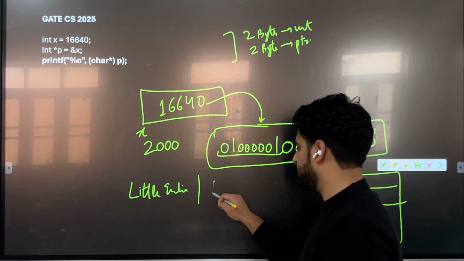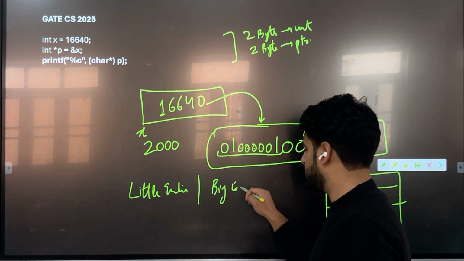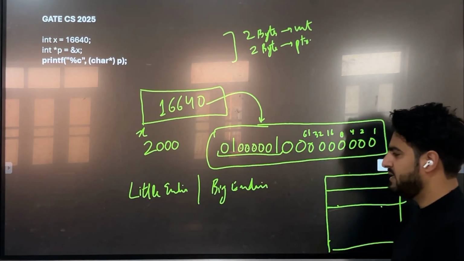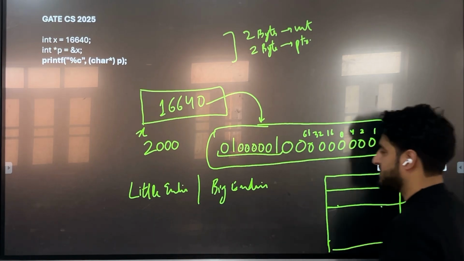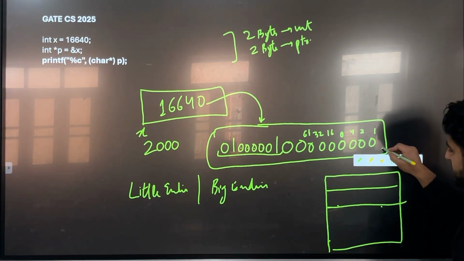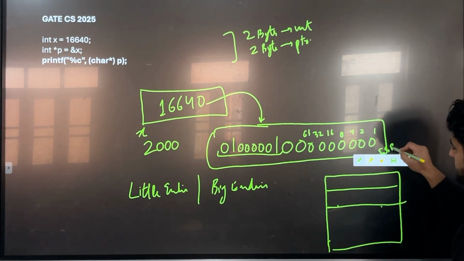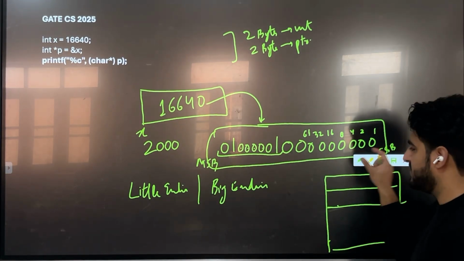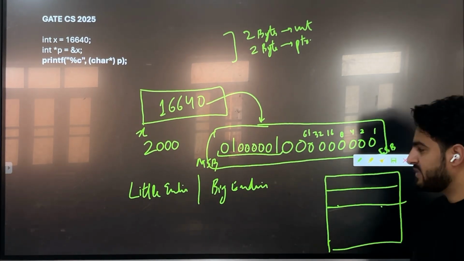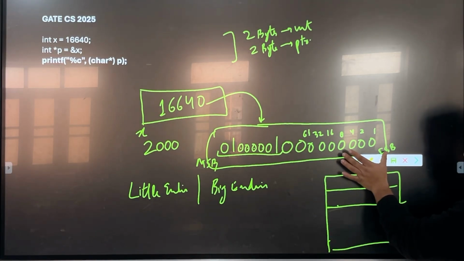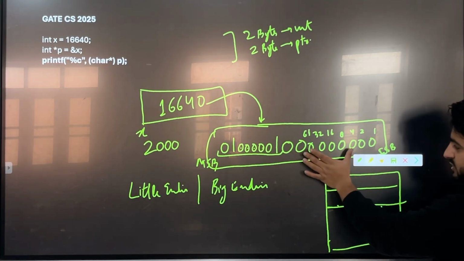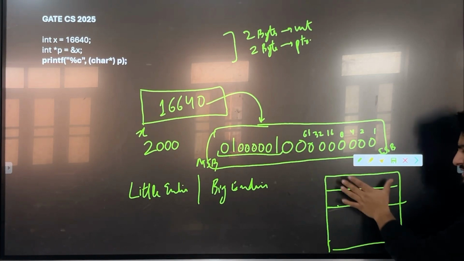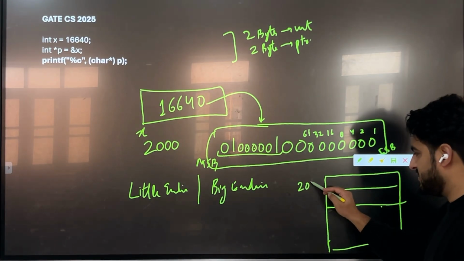and big endian. In little endian, I am marking the least significant bit and the most significant bit. The half from the least significant bit, up to where it makes 8 bits, will be stored in the lower address.